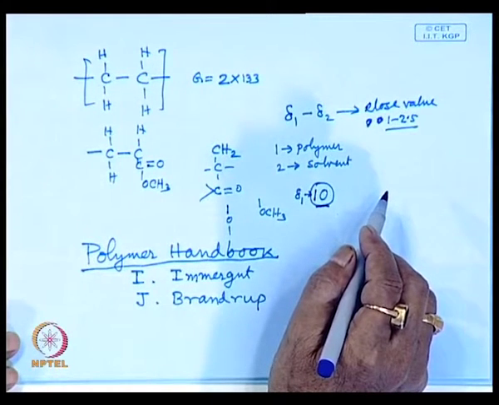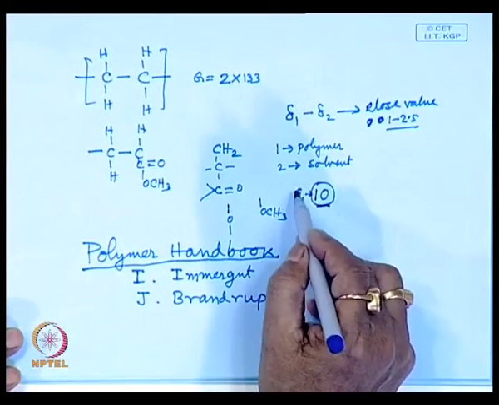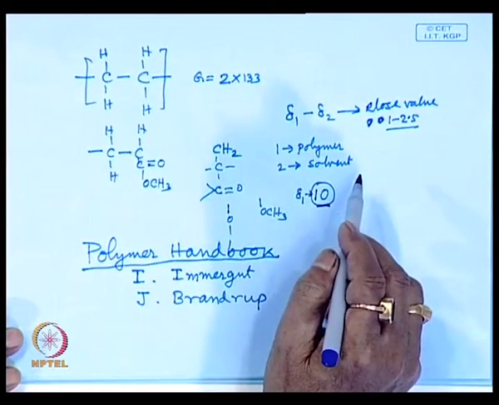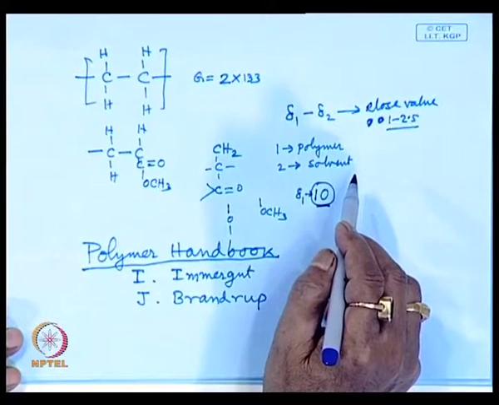It is again not always true that that solvent can dissolve the polymer. The solubility of that polymer may not be very high in that solvent, but it can be used as a solvent.